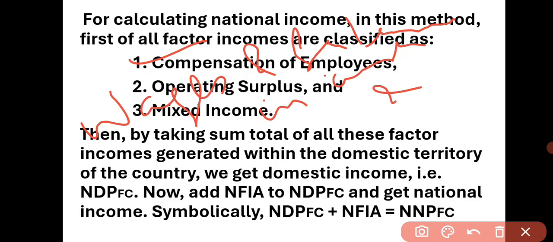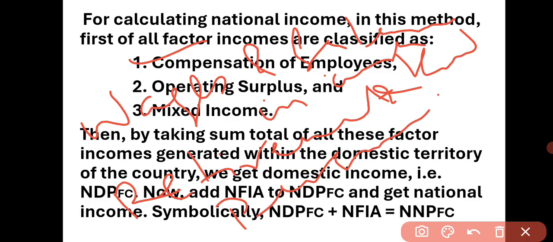Then employees' contribution to social security schemes. Then pension on retirement. Retirement pension is also included in compensation of employees.